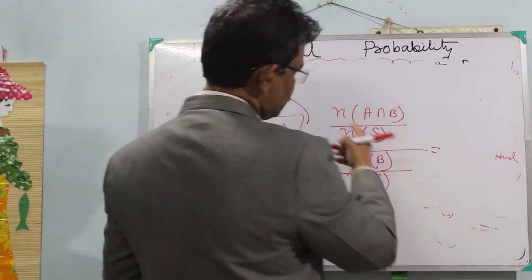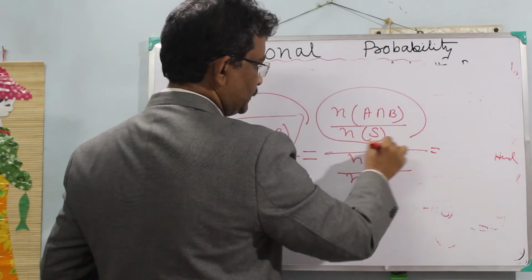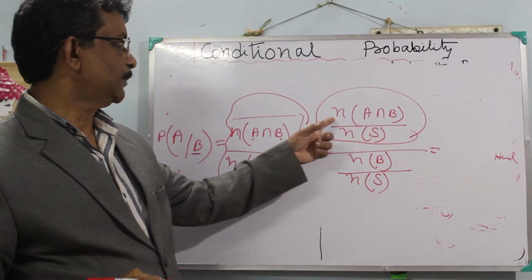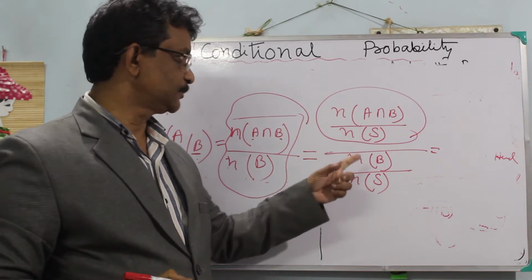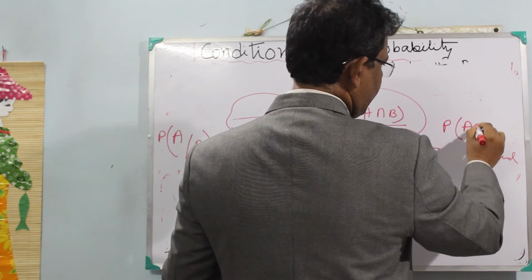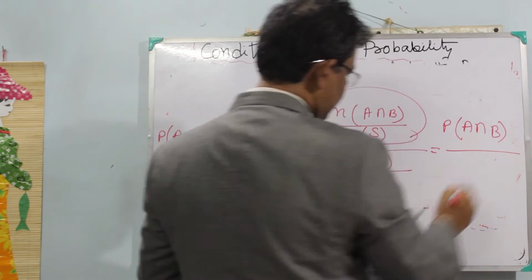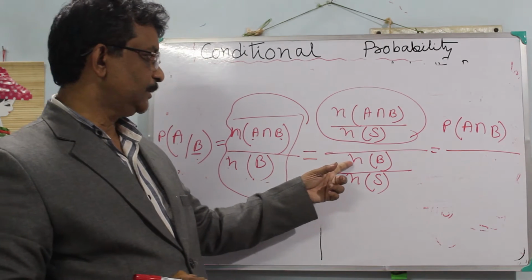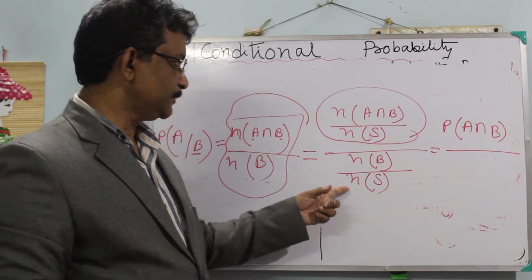This you will get what this portion is: number of elements of A intersection B divided by number of elements of the sample space. That means this is the probability of A intersection B, divided by number of elements of set B divided by number of elements of the sample space.